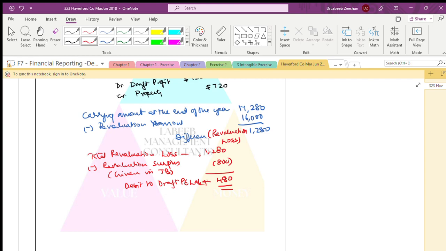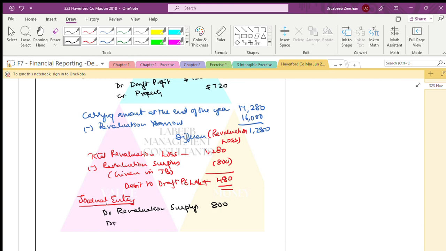How much is the value of the asset decreasing? 1,280. Again, you have to write the journal entry. If you are perfect in journal entries, you are perfect everywhere. As simple as that. Debit will be revaluation surplus, because we are reducing the revaluation surplus, 800.